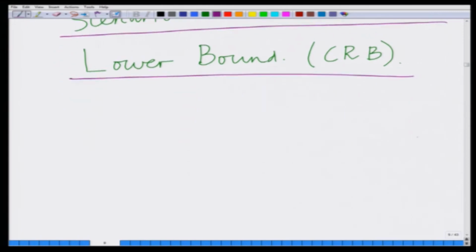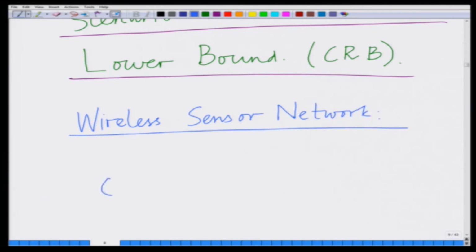Yeah, and let us go back to our wireless sensor network scenario. Let me remind you, we have already considered this scenario, in which we have a sensor node. This is our sensor, which is trying to estimate a parameter h.